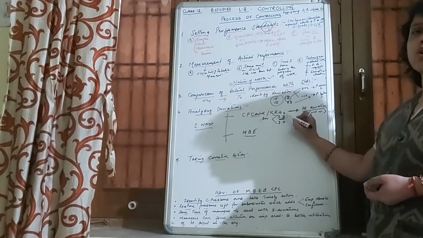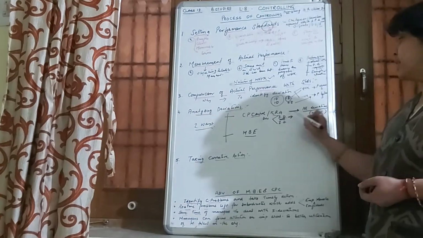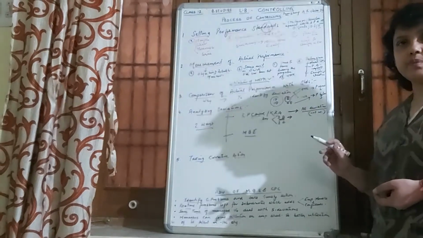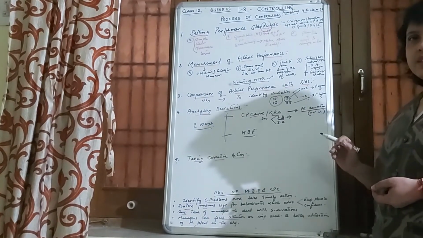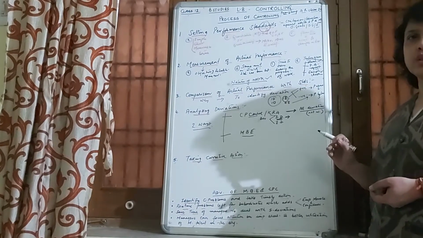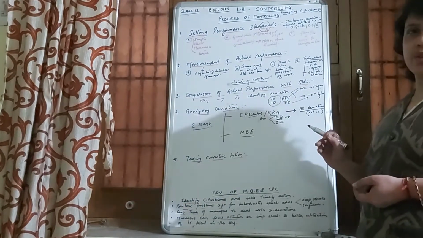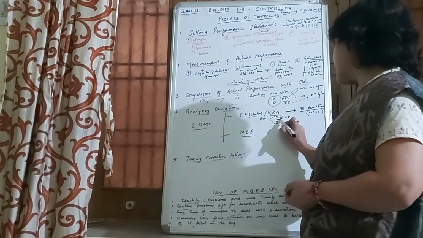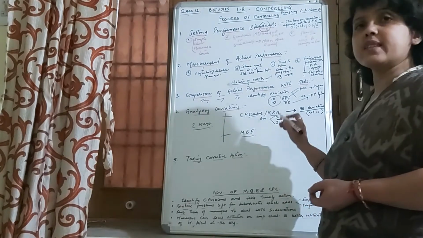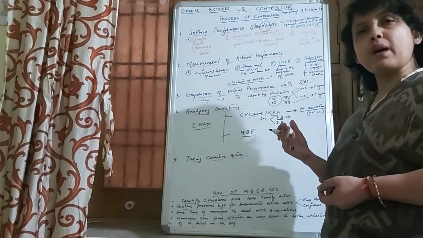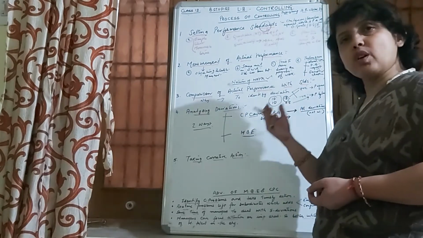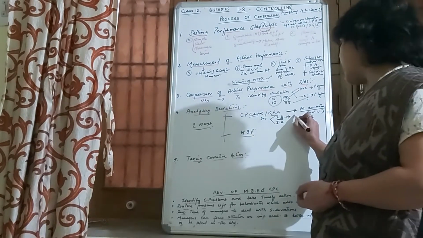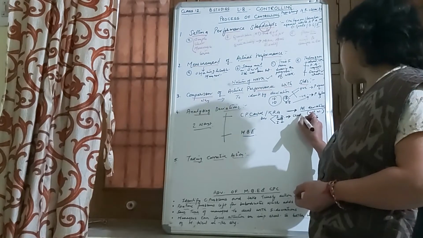So it is not at all that all the deviations which occur are a matter of concern. It is only this significant deviation or the key result area which may impact the success of the organization that has to be checked.